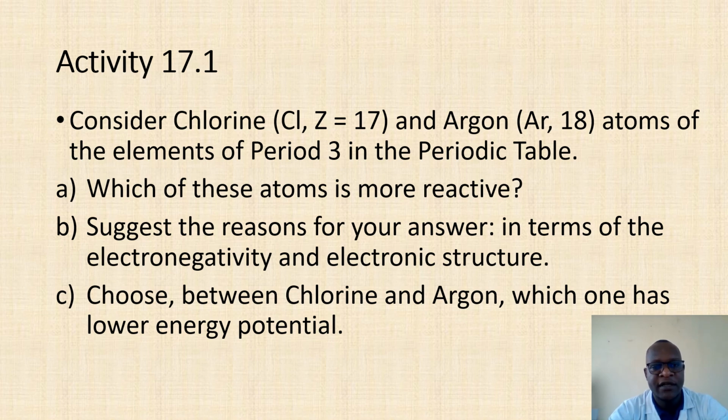The last question is, choose between chlorine and argon, which one has a lower energy potential? Those are the 3 questions. We can discuss in pairs or in groups and try to answer these questions. Shortly, I shall give you the answers.